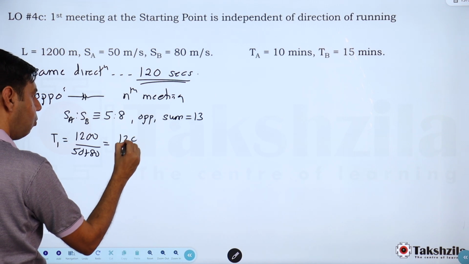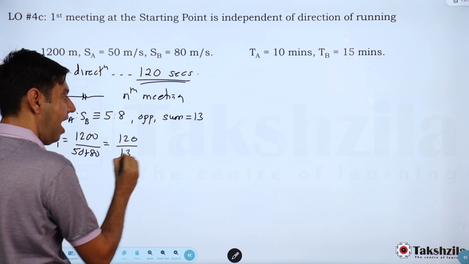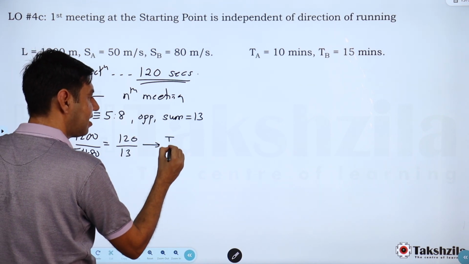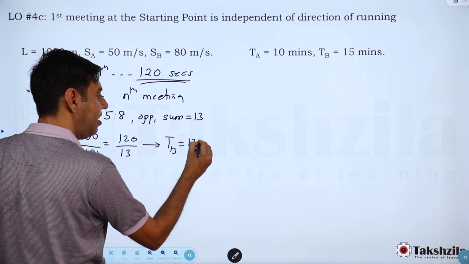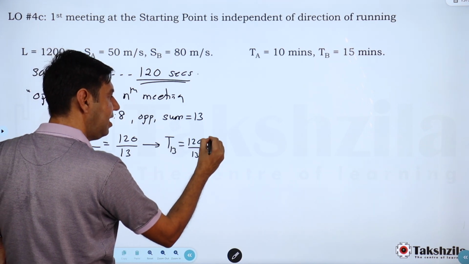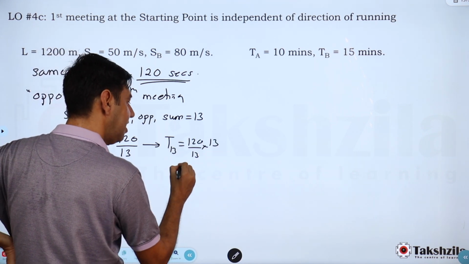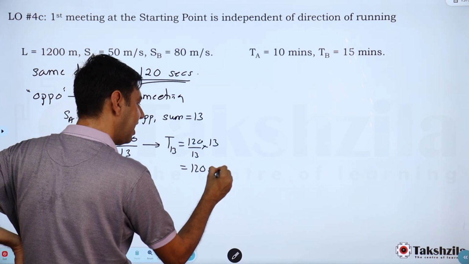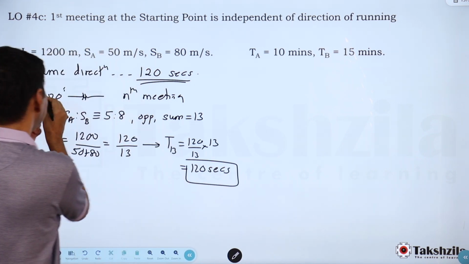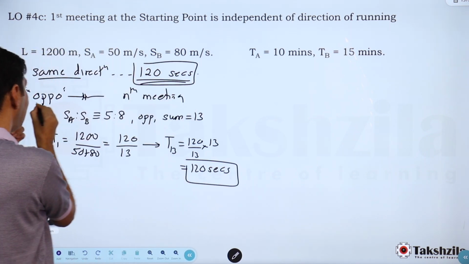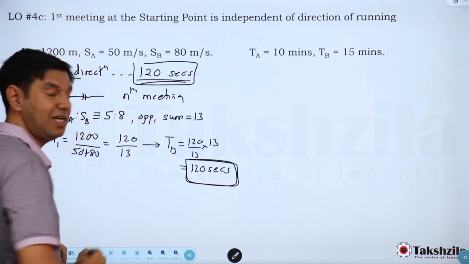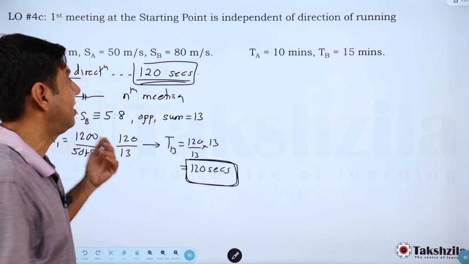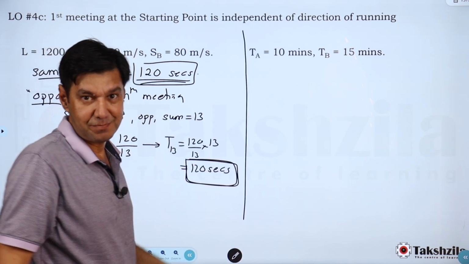So the first meeting time is going to be 120 by 13. And so the 13th meeting will happen after 120 by 13 into 13, which is 120 seconds again. So whether they run in the same direction or the opposite direction, they meet after 120 seconds. So it is independent, right?